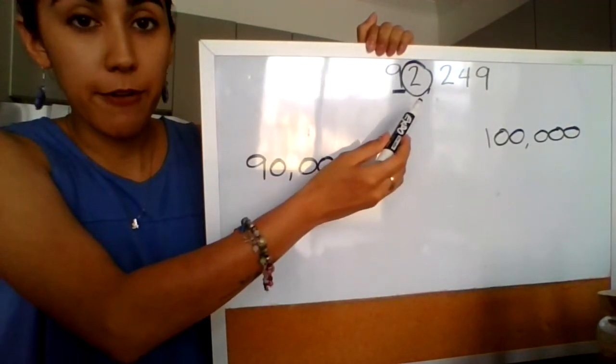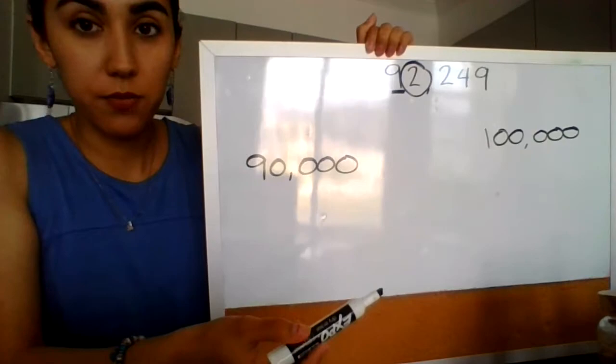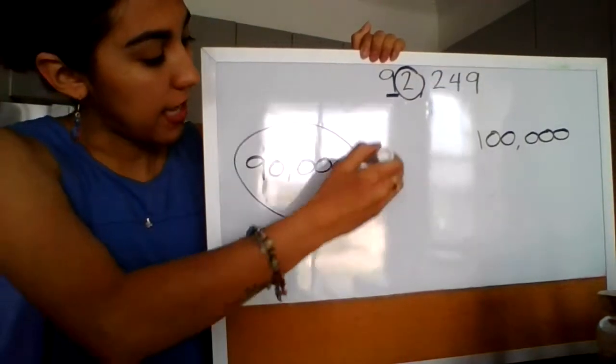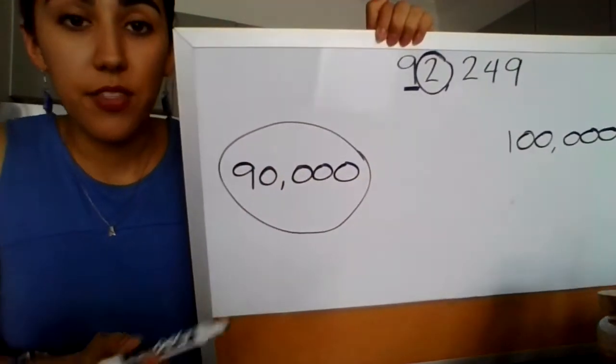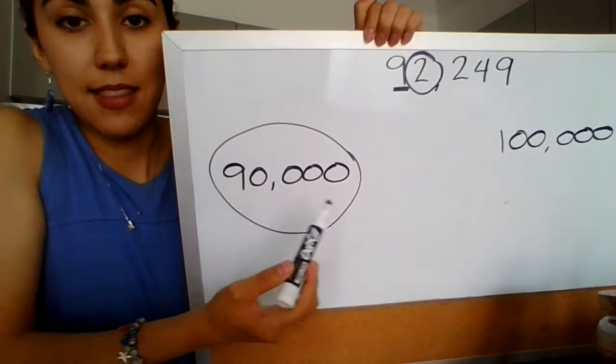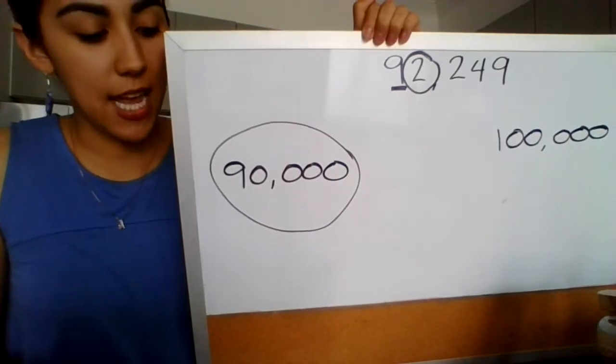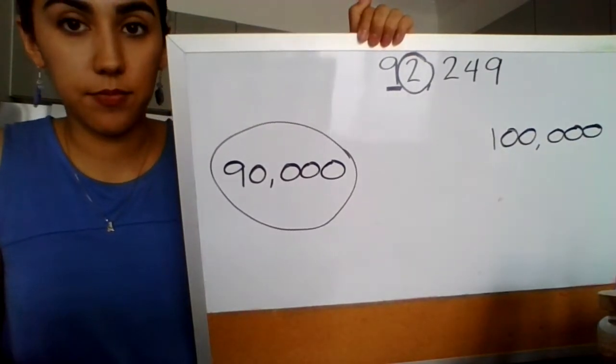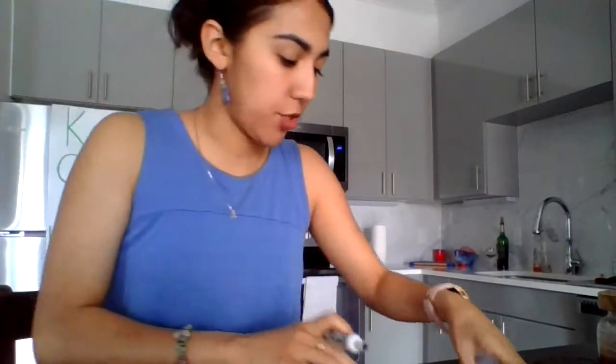Or is that number 5 or more, raise the score? It's 4 or less, let it rest. So this number will round down to 90,000. Your answer is 90,000. Awesome job.